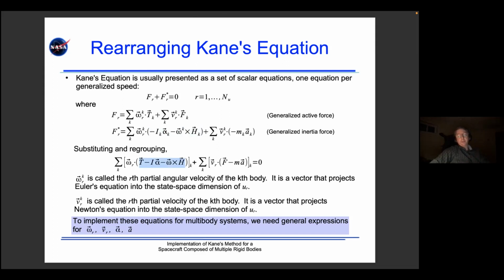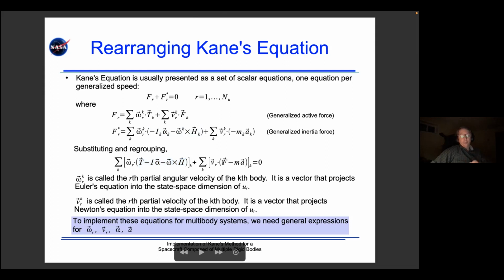It's the equivalent of F equals MA for rotation of a rigid body. The inertia times the angular acceleration is equal to the torque minus this omega cross h term. So now I see things that are familiar.